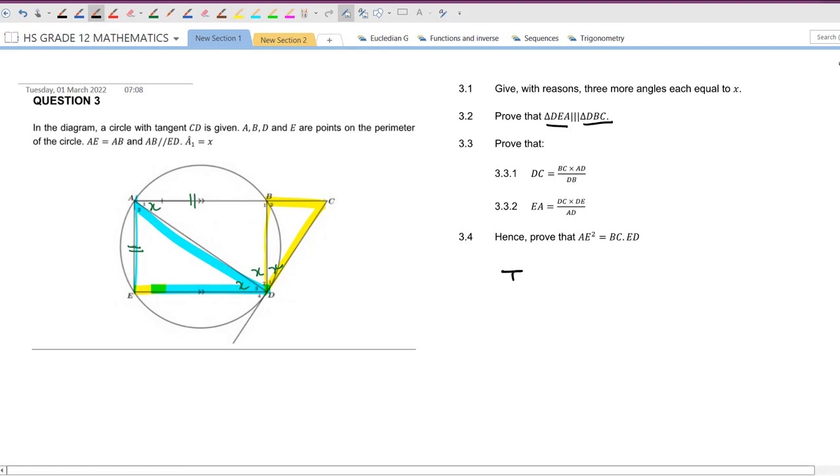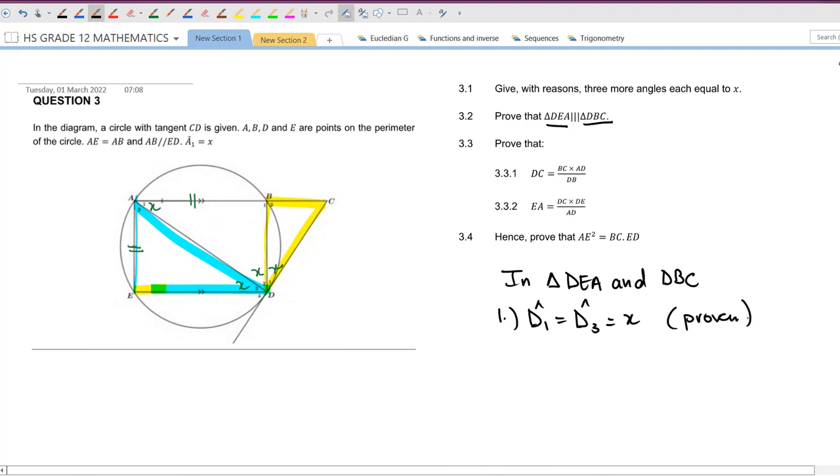So you're going to write in triangle DEA and DBC, we have D1 equals D3 equals x, and that's proven.